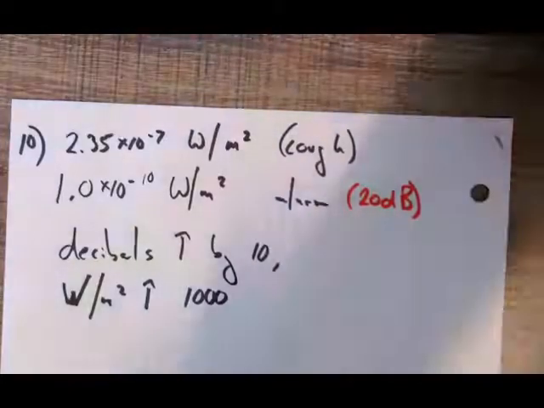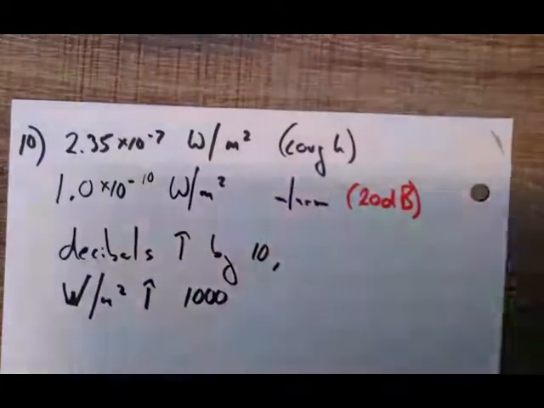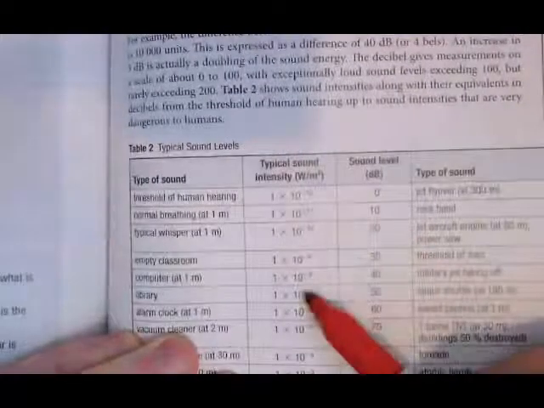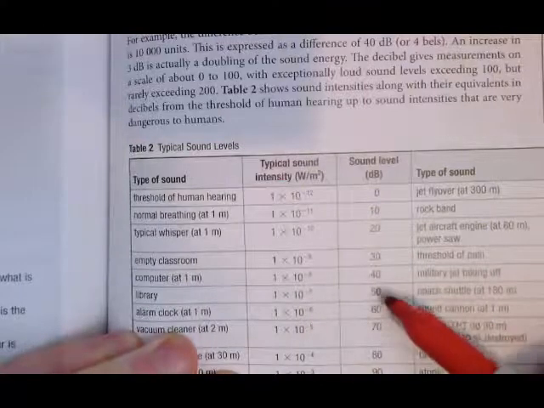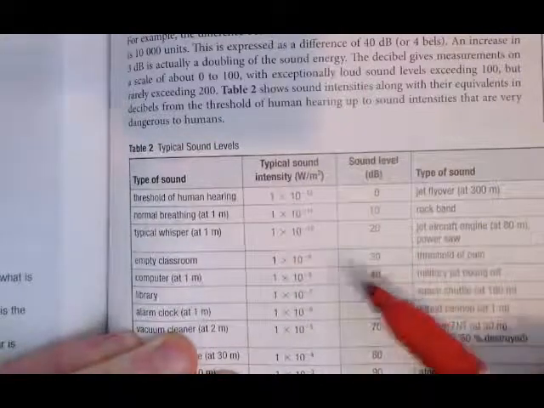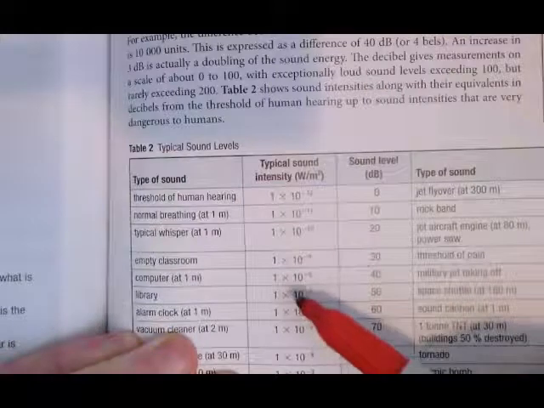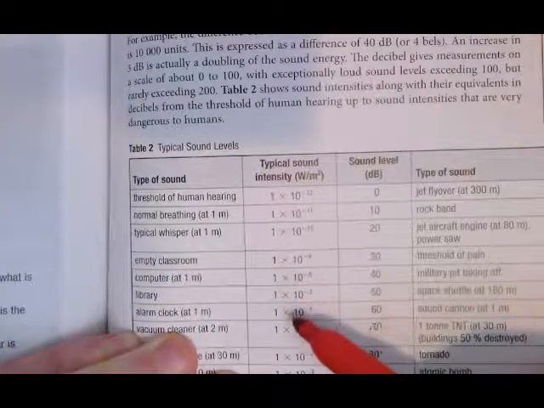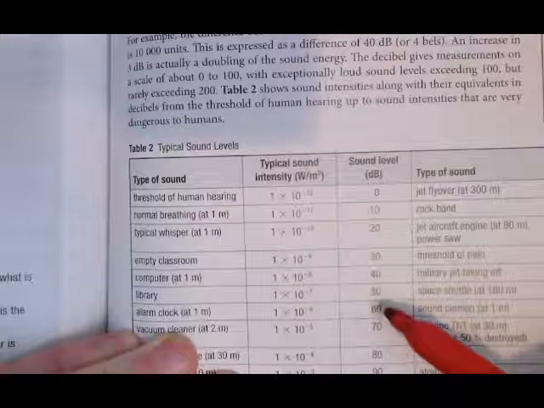I'll show you what I'm looking at. Okay, 1 times 10 to the negative 7 is 50 decibels. If we multiply this by 1,000, it's 60 decibels.